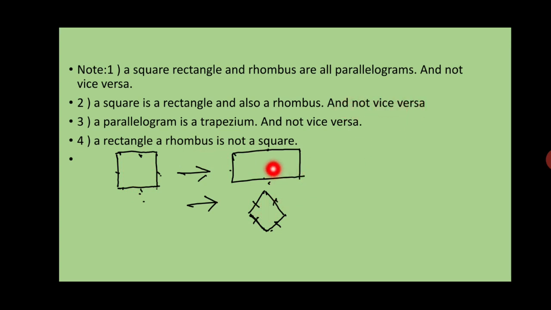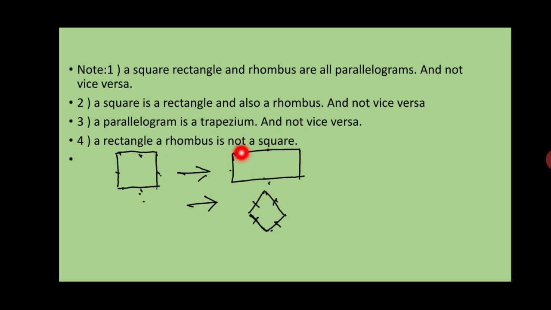How? See here, a rectangle is not a square because in a rectangle only the opposite sides are equal, right? But here all the sides are equal. Therefore, a rectangle is not at all a square, right? Similarly, even though angles are the same, sides are not equal.